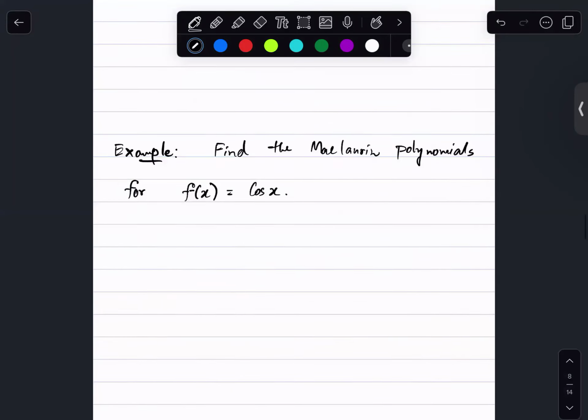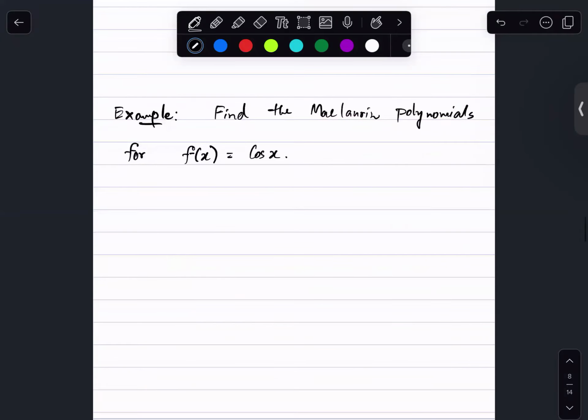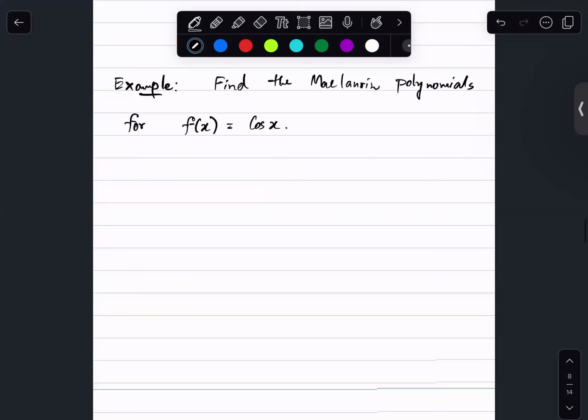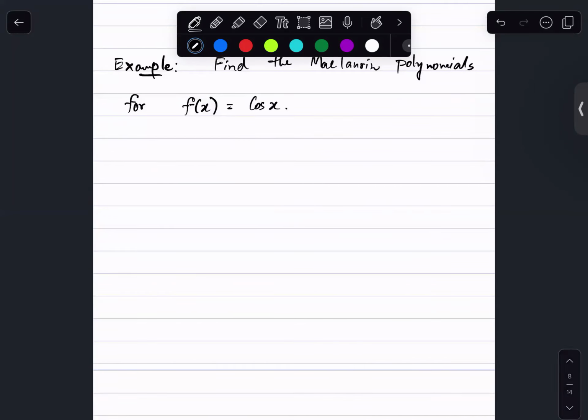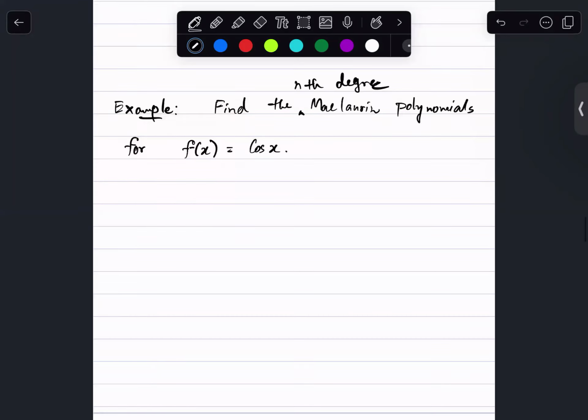Okay. Next problem, again, you have to find the Maclaurin polynomial for f(x) equal to cosine x. But here there is no mention of the degree. So basically, say nth degree. Okay.